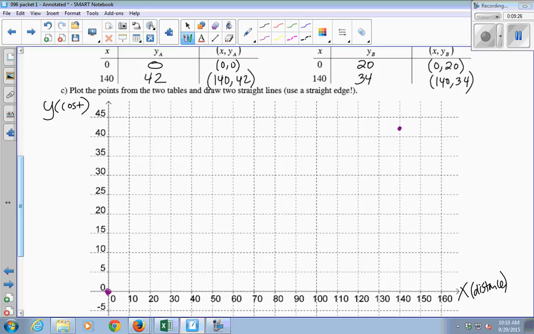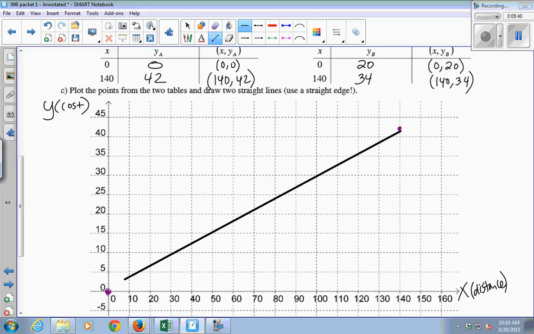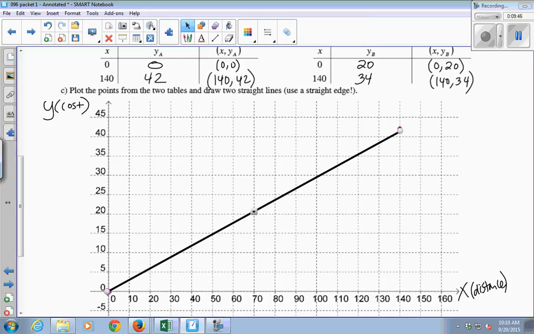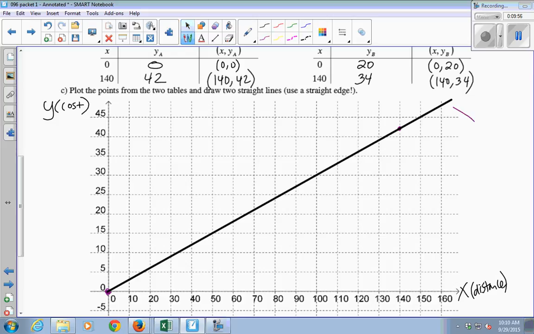And I'm going to connect them with a straight line. You should use a straight edge. I'm going to try to make my smartboard do a fancy line here. All right, there we go. All right, so that is going to be company A.